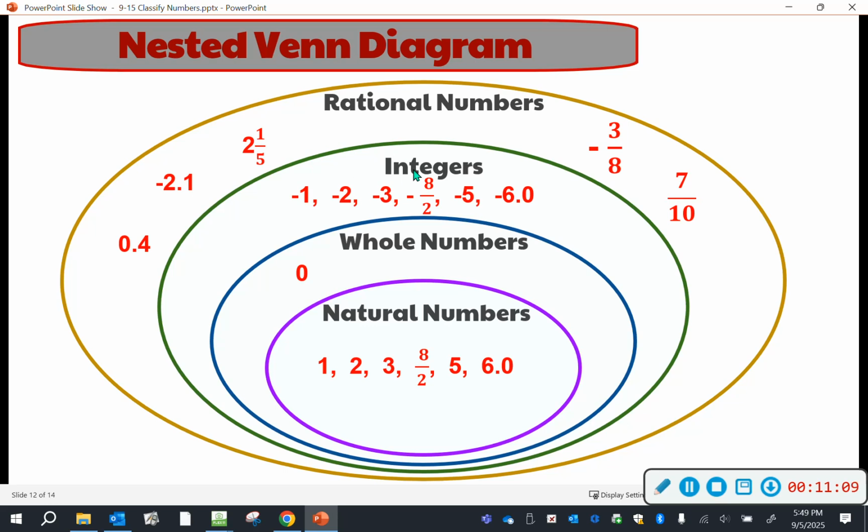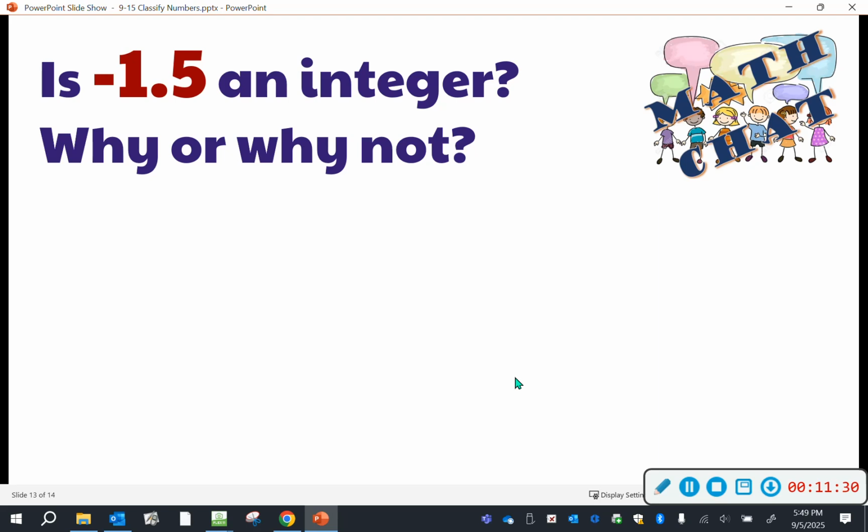Now, every number we've ever dealt with in here is a rational number. More specifically, we've been doing the integers, which were the negatives, 0, and the natural numbers. The whole numbers are 0, and the natural numbers are 1, 2, 3, 4, 5, and 6, to infinity. Okay. Is -1.5 an integer?